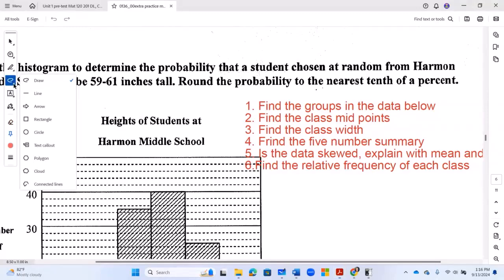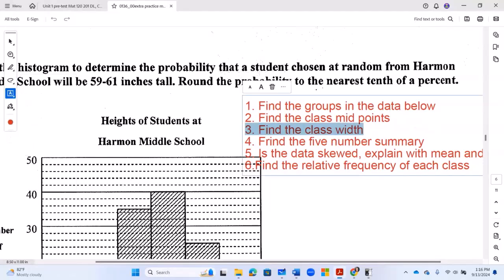So we found the classes. We found the group. Yes. We found the class midpoints. Yes. We found the class width. We have answered the questions. All right.